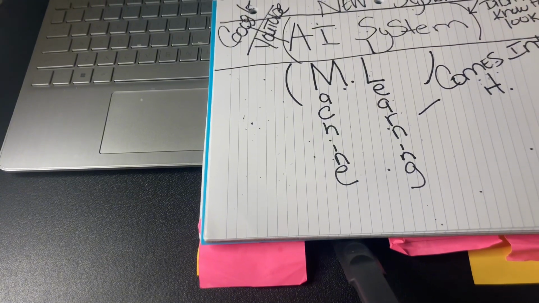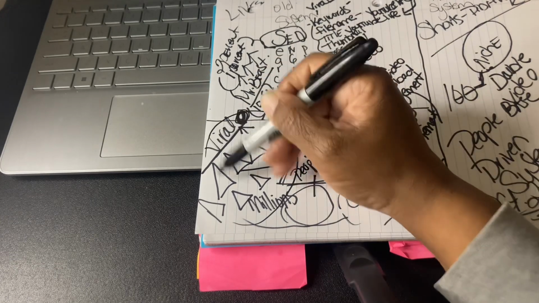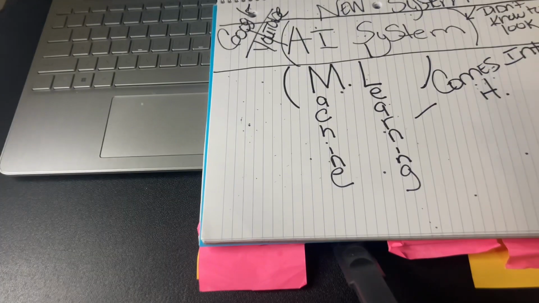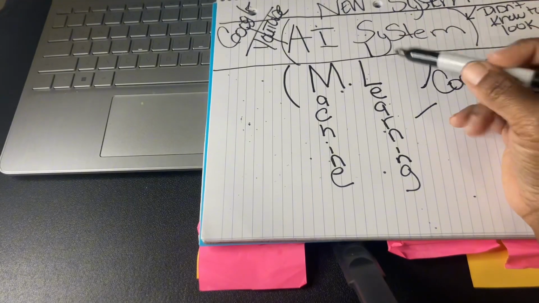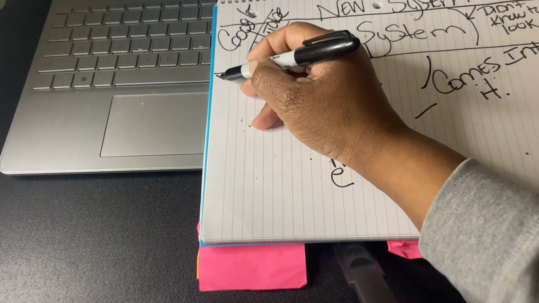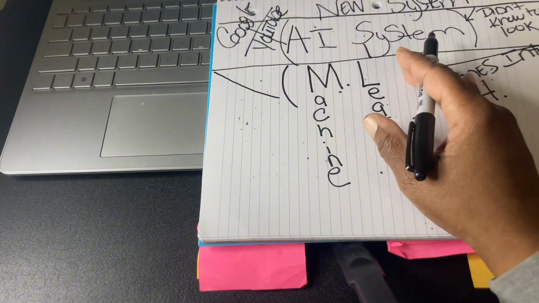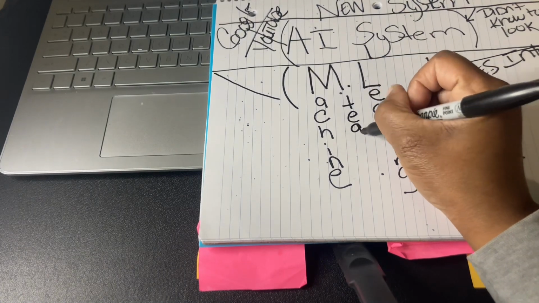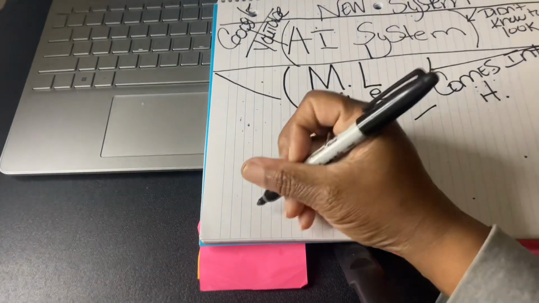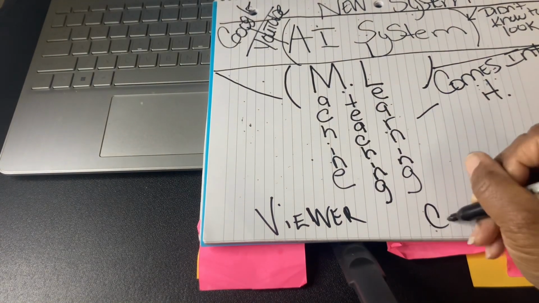Now, unlike the old system that was people-based driven, this one is now AI driven. And basically what it is, artificial intelligence where it takes everything any human knows and dumps it into this machine learning system, and it teaches the system everything it needs to know, both about the viewer and the content creator.